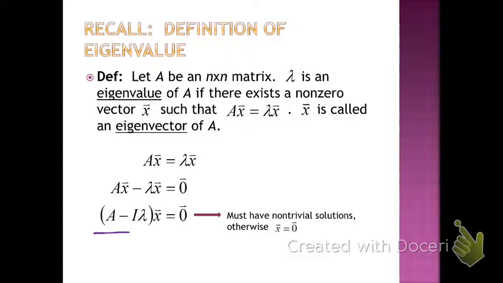But what can we say about this here? We know that we must have non-trivial solutions, otherwise this x would have to equal the zero vector. But we've stated that we must have a non-zero vector x, so therefore we must have non-trivial solutions to this equation.